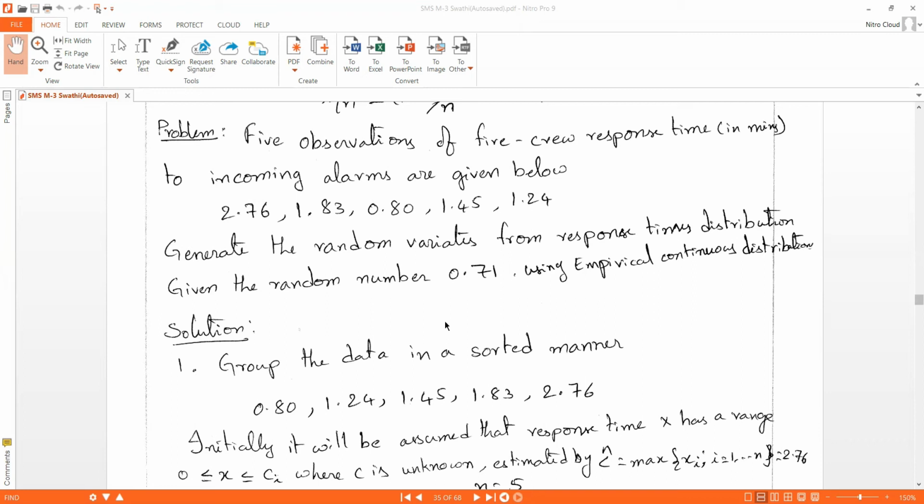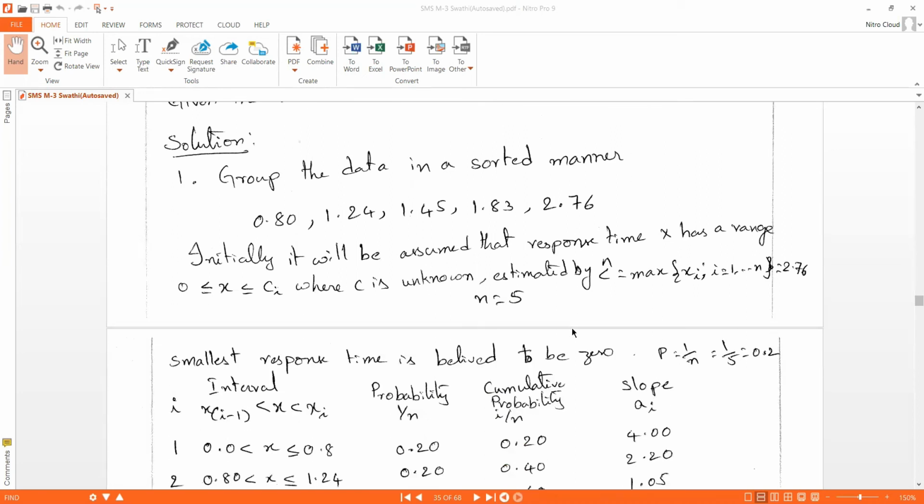Given the random number 0.71, using empirical continuous distribution, we need to compute it here.